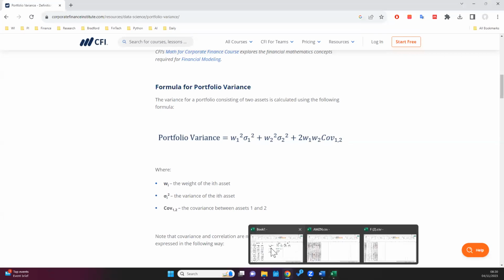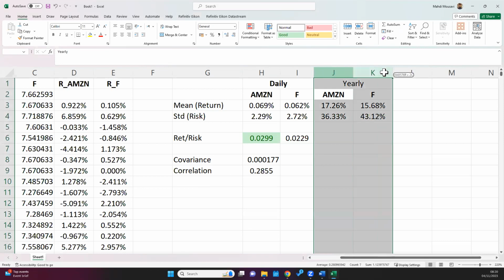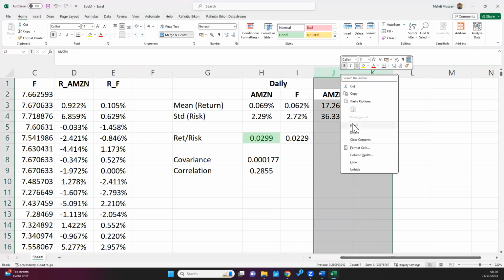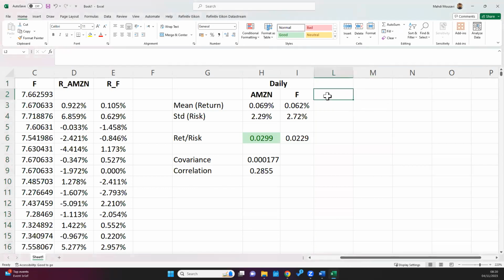Okay, so if I back to my Excel sheet, and now I want to focus on my portfolio. So let me, for now, put this one besides and focus on our portfolio.